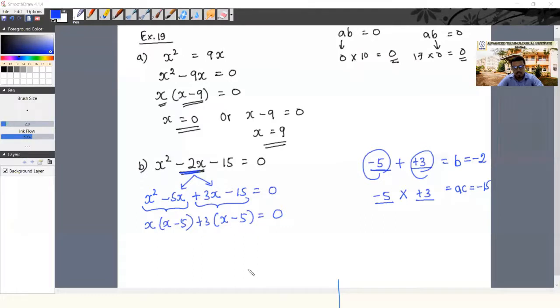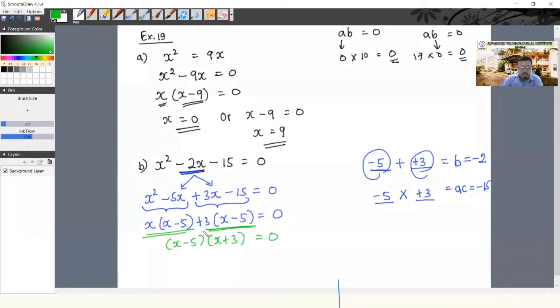Yes, there are 2 terms. Here is one term, and here is another term. Is there anything common to both terms, something that divides both? Yes, that is x minus 5. It is in this term and in this term. So that is the common factor we need to take outside. Within the brackets it should remain x plus 3.